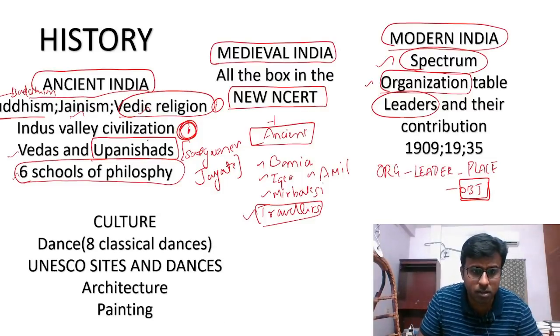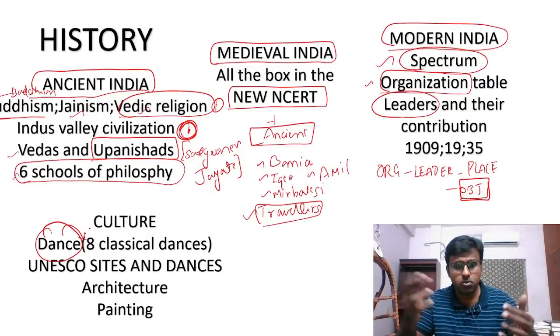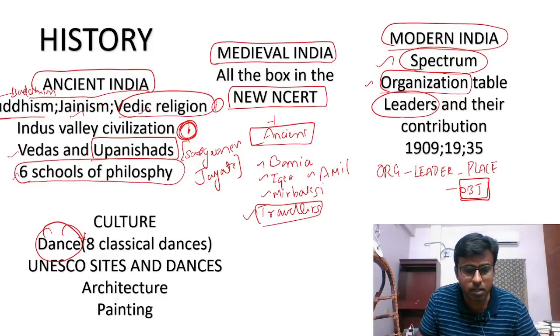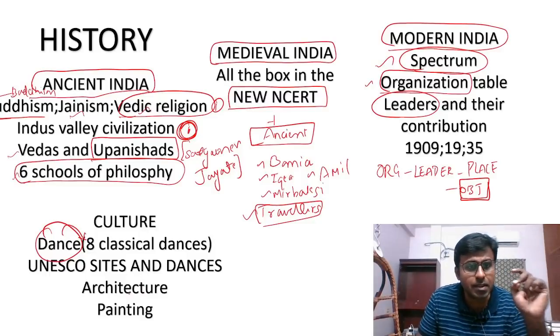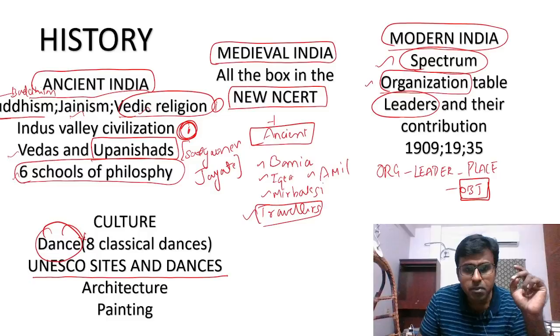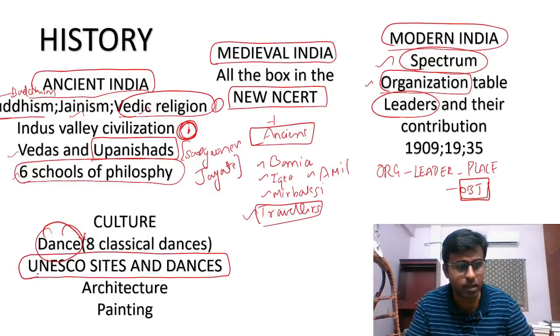Next is culture. In the culture topic, please look into the 8 dances: Kuchipudi, Kathakali, Odissi, everything. And the other dances. Where do they ask these questions? Some folk dances, some dances, some paintings.